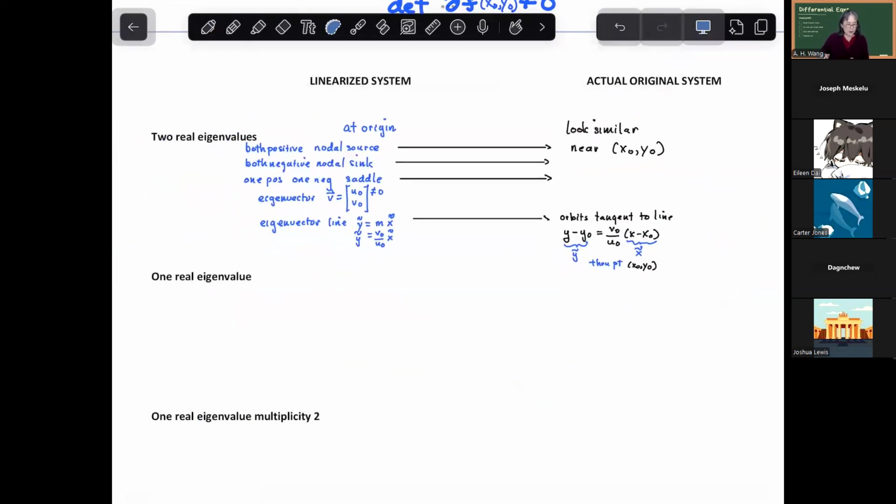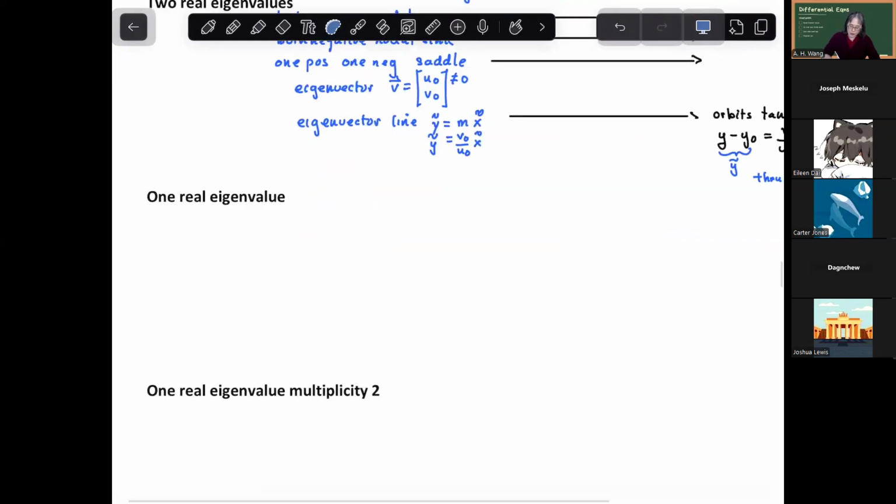Let's look at what happens with one real eigenvalue. So let's do multiplicity 1. You have one real eigenvalue, and if this is negative, this would be a twist sink.